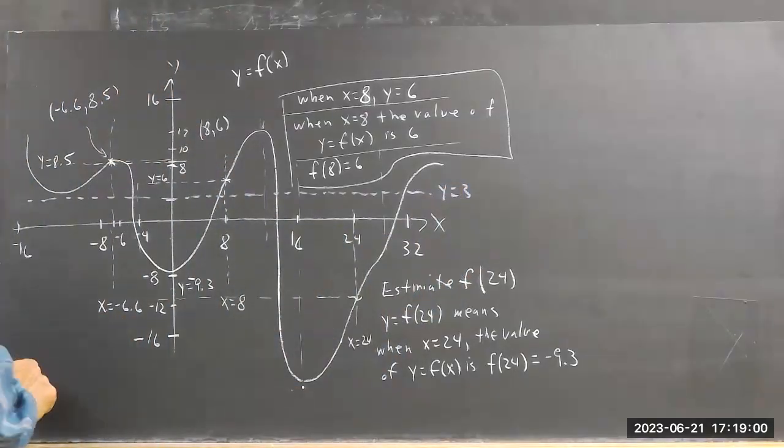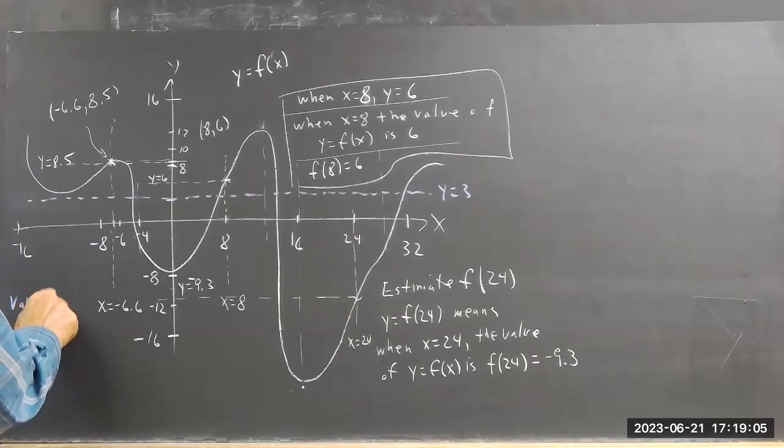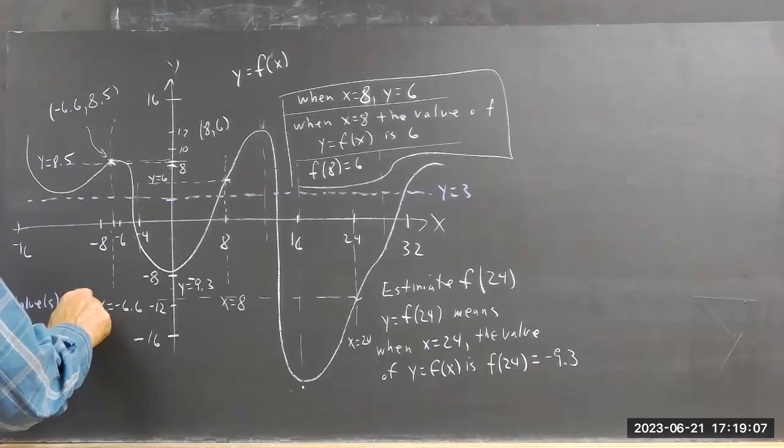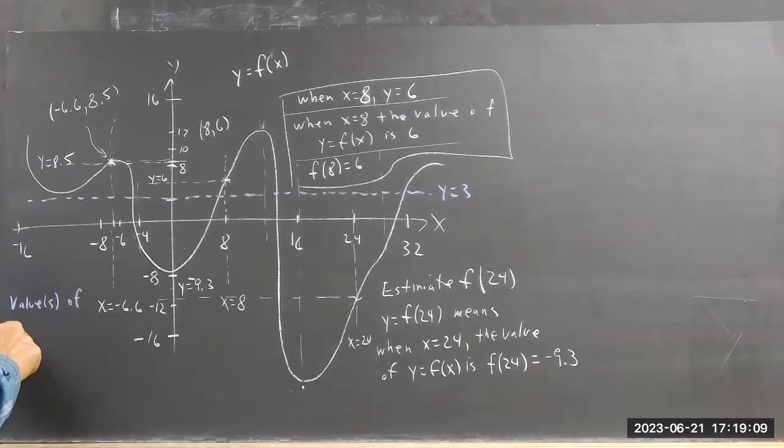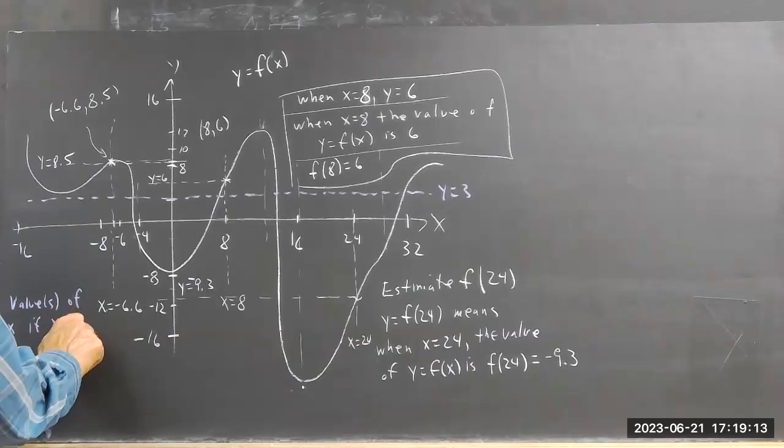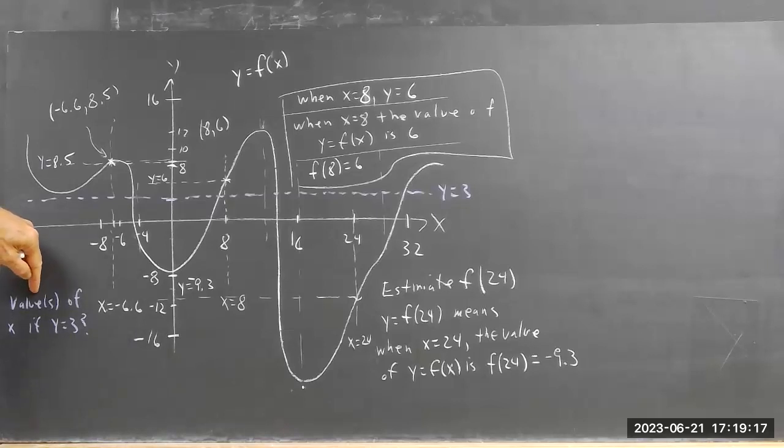So our question is, what are the values of x if y equals 3? Sometimes there's just one value, sometimes there are many values. That's why we put the S in parentheses.